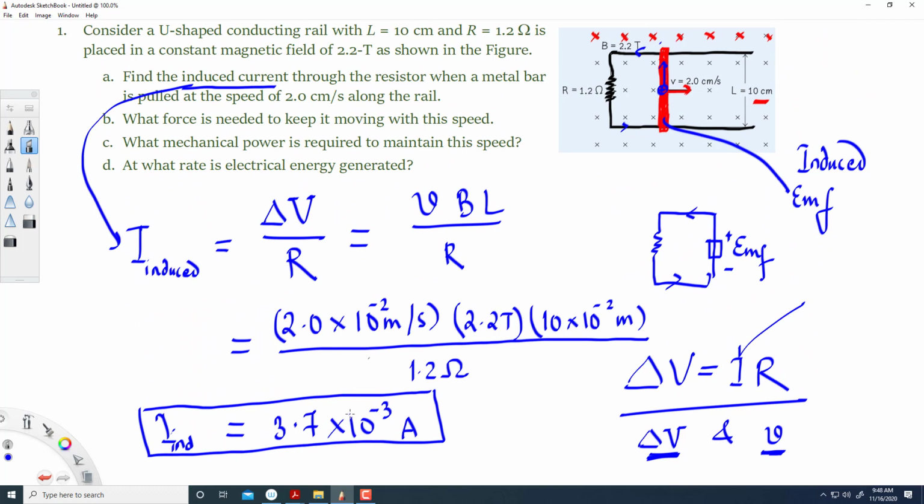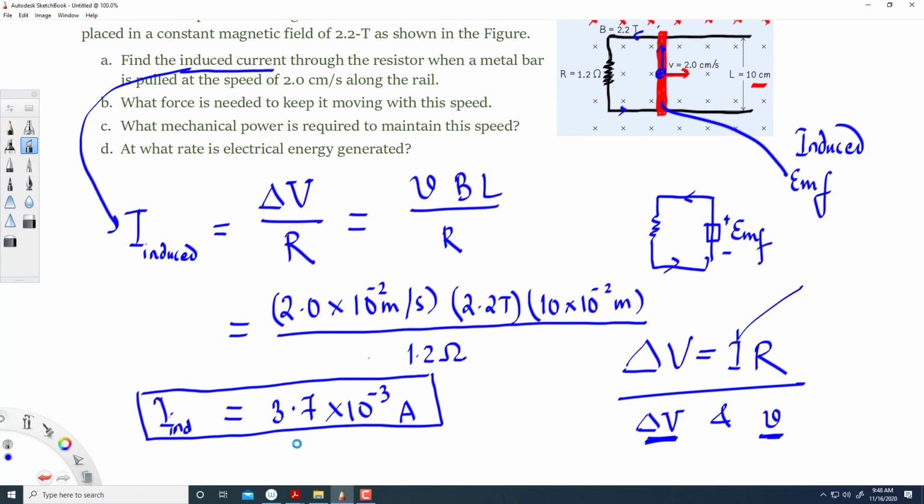So the second part of the question is, now we know that when you move a rod in magnetic field, the rod feels some force. We already talked about that. Which way does the magnetic field exert the force on the rod?